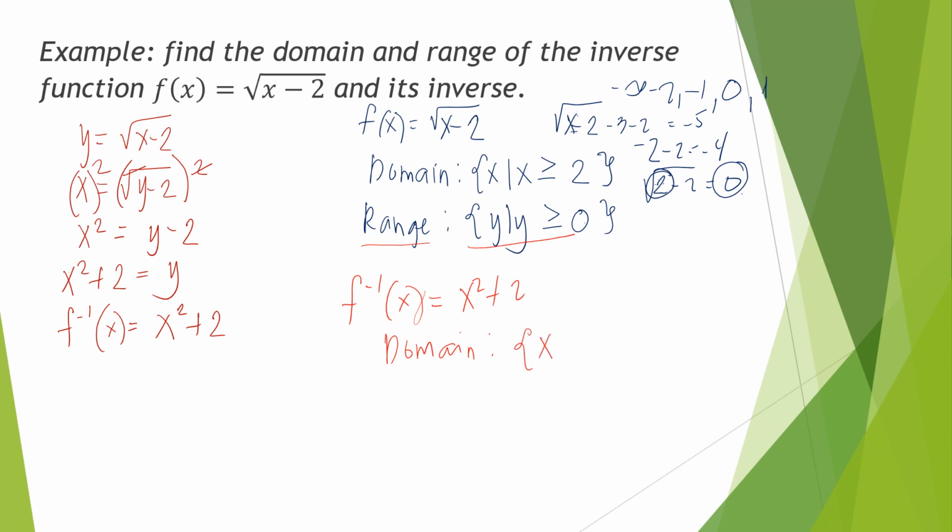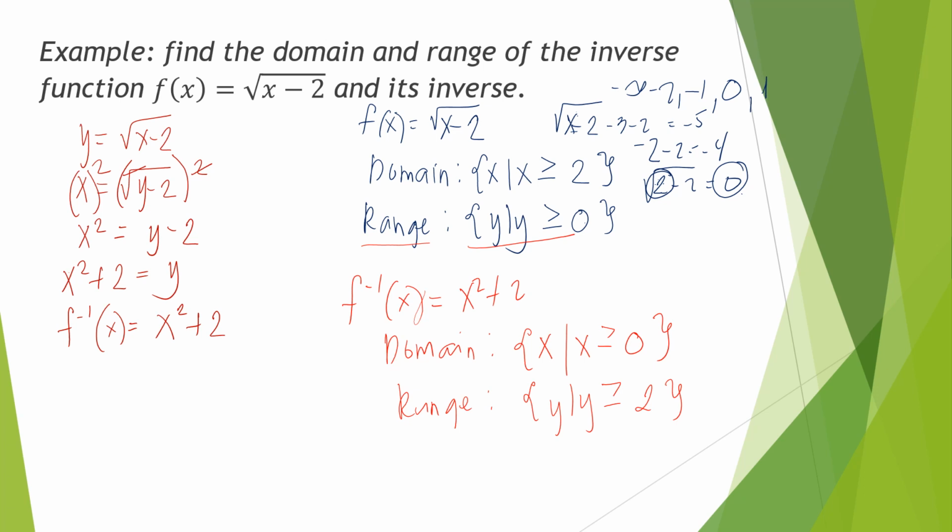So, the set of x such that x is greater than or equal to 0. And for the range, that is the set of y such that y is greater than or equal to 2. Okay? So, those are the conditions. We cannot have a negative number because we would get an imaginary answer.